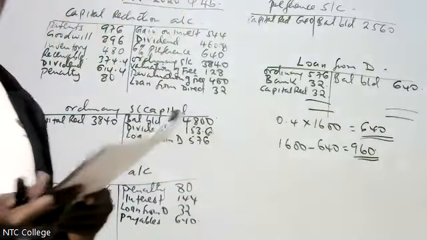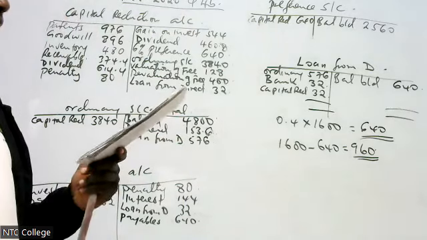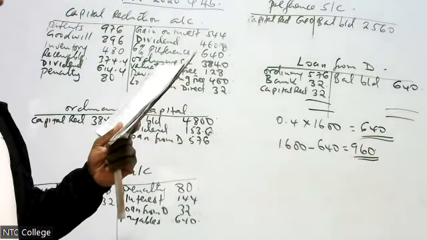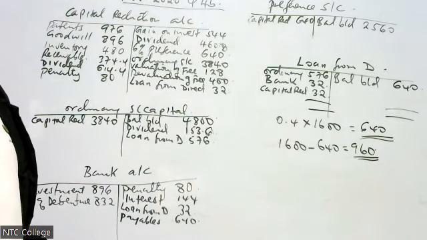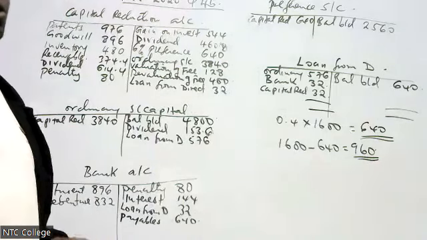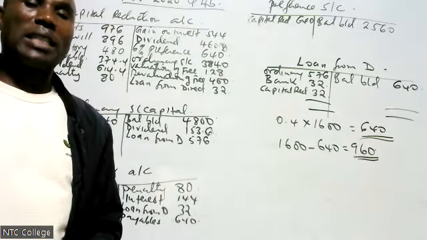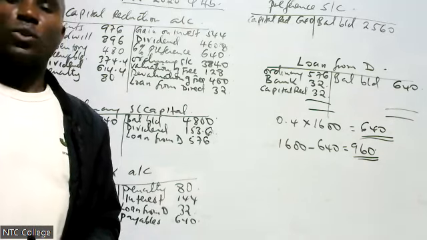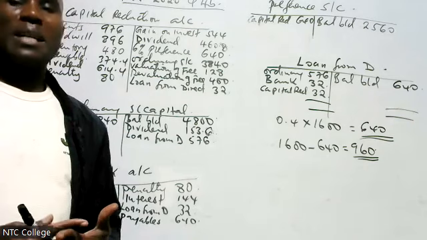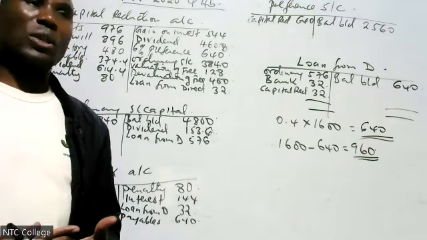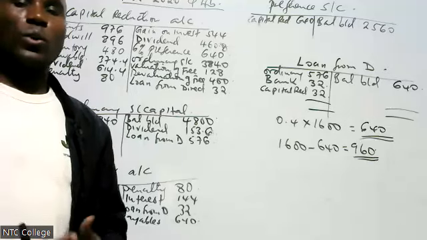Now, we are done with all the notes. When we check in our balance sheet, there is accumulated loss. And the examiner has not mentioned anywhere about the accumulated loss. Now, what do we do with the accumulated loss?